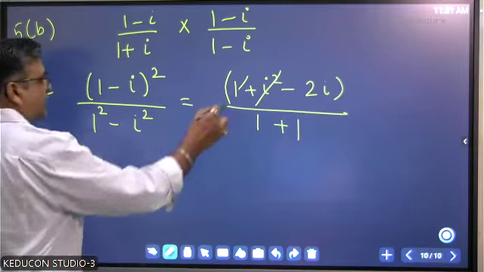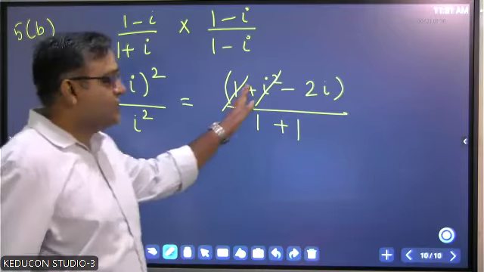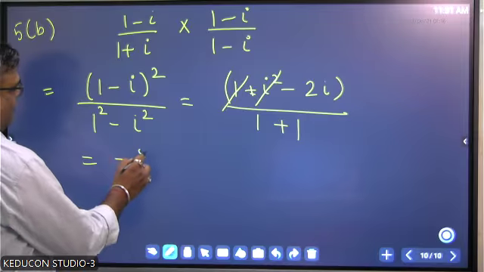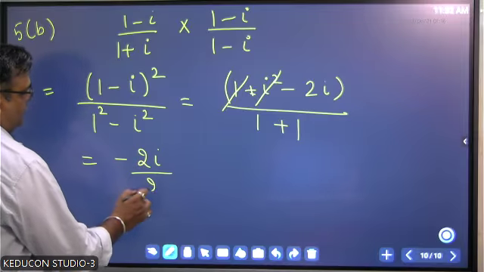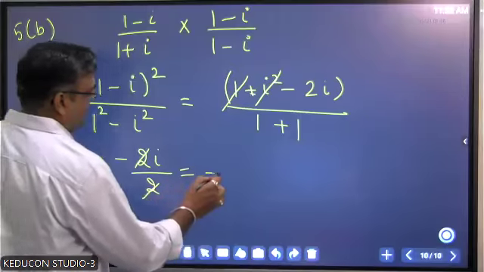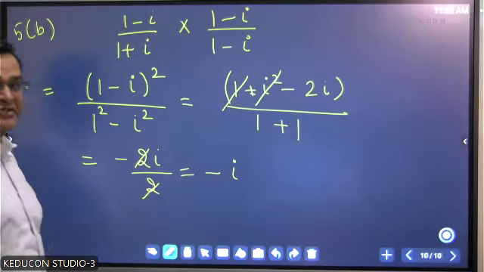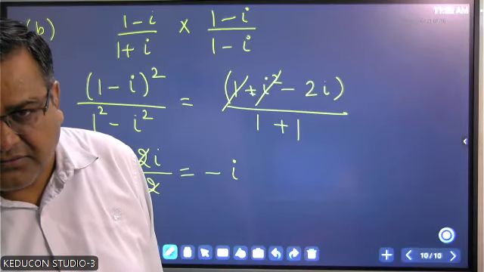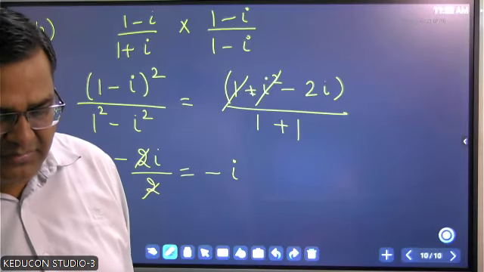The 1 and iota square will cancel out because iota square is minus 1. So you got minus 2 iota upon 2, that is minus iota. Right, students? So that is the correct answer, minus iota.